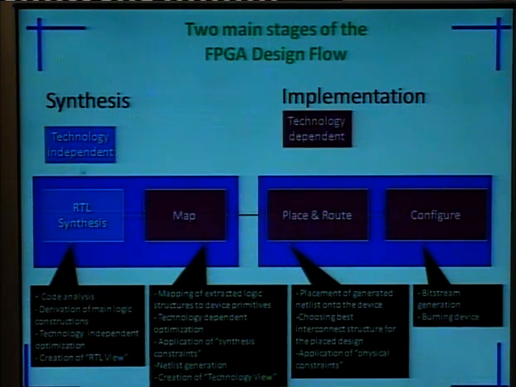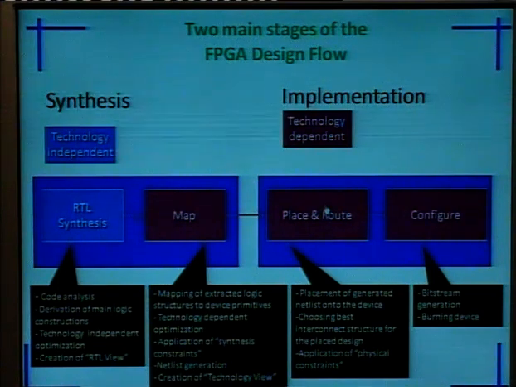In the FPGA design flow, basically two main stages are there. One stage is synthesis that we discussed. We have to transfer the RTL through synthesis, we have to analyze our code, and then in the implementation process, basically three parts are there: map, placement and routing, and configure. In map, we are connecting the signals from different components. In placement and routing, as we discussed, we have to identify the place where a particular component is suitable, so that we can reduce the delay and optimize our design.